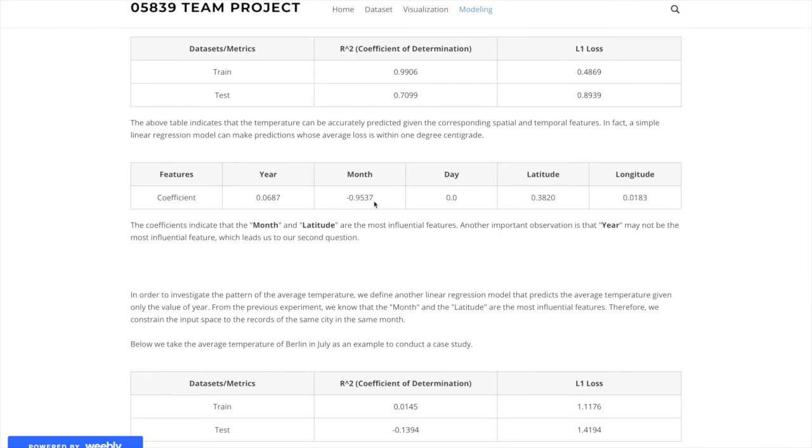The coefficient indicates that month and latitude are the most influential factors. For example, latitude has 0.38 and month has minus 0.95. Another important observation is that the year may not be the most influential feature, as it has a much smaller coefficient than latitude.